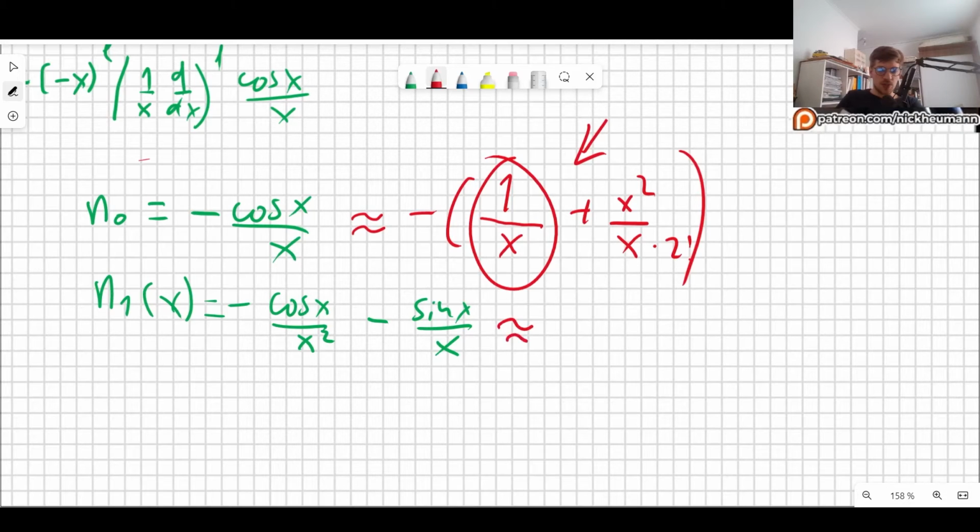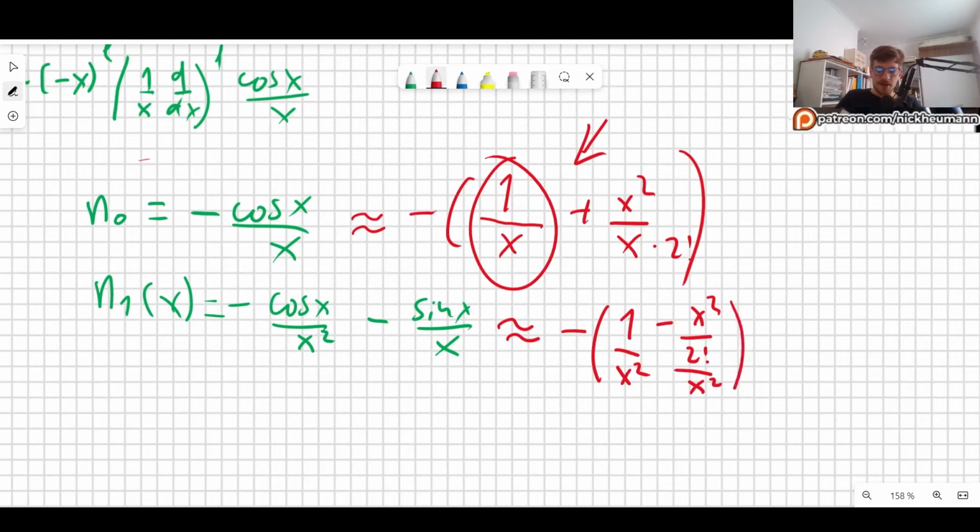And if we go to n1, the next one, this will be minus, instead of cosine, we have 1 minus x squared over 2 factorial, and we divide each one of these by x squared. And then we have minus sine of x, which would be x minus x cubed over 3 factorial, and we divide all of this by x.